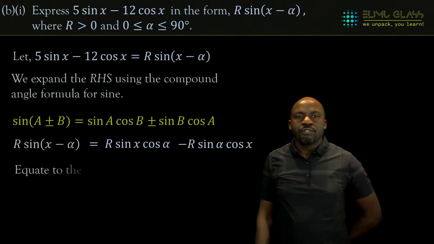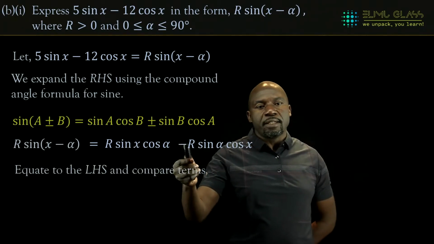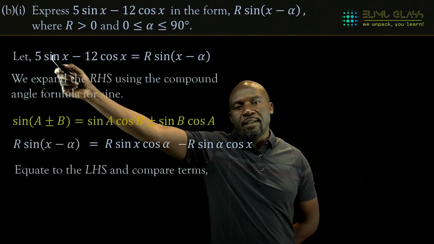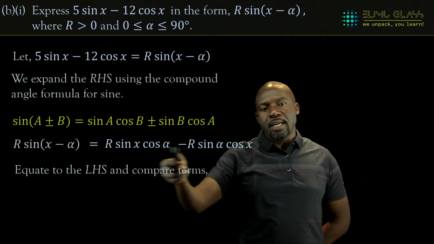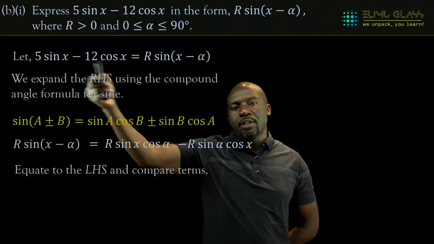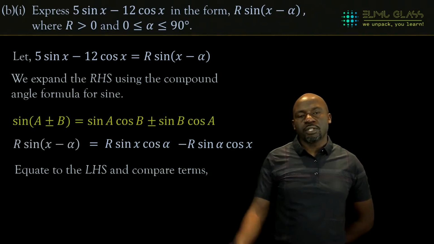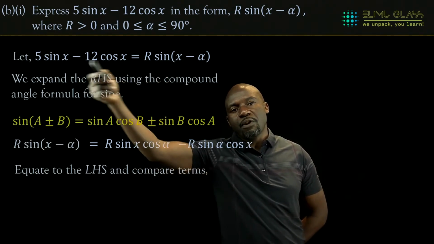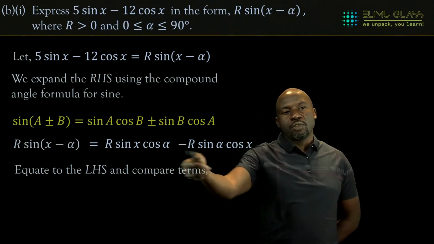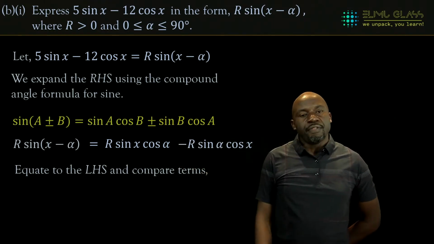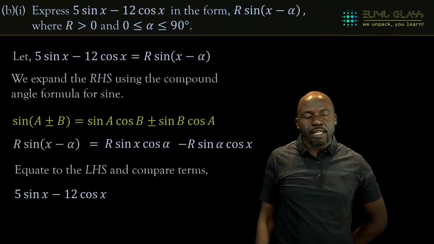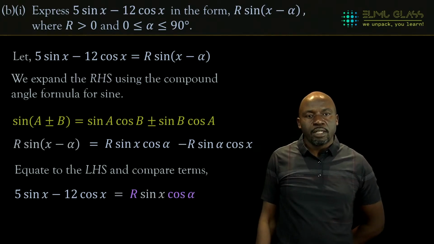Okay, and once we've done that, the next thing is to equate what we've got here with the left hand side. So we are saying this must be equal to that because that's what we had said earlier. All right, this is coming from that equation, and so this is what we equate to that now, and then we compare the terms like that, and I think I've already put them in color code.